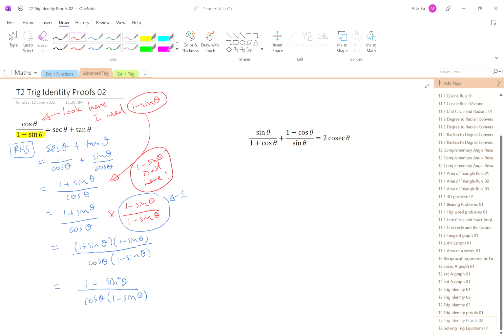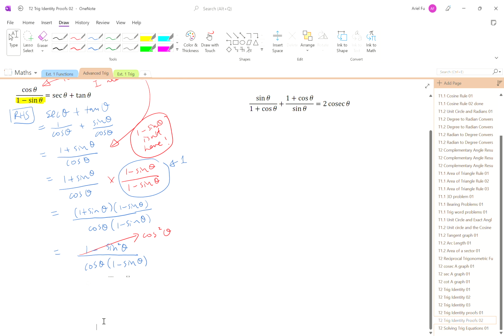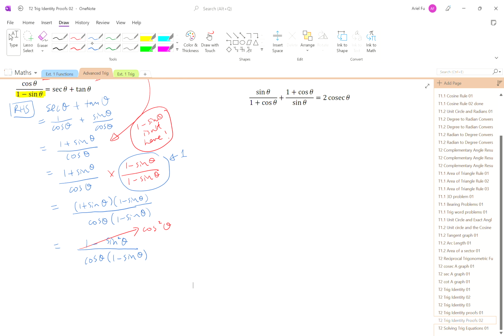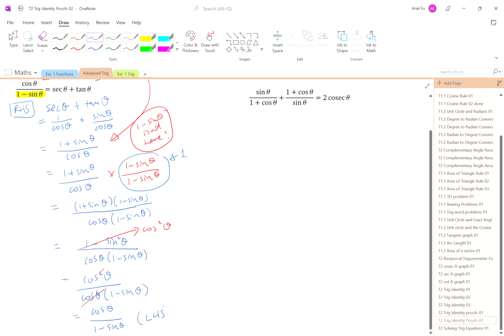And what is 1 minus sine squared theta? Well, it is cosine squared theta, which means the right-hand side becomes cosine squared theta over cosine theta times 1 minus sine theta. The square and the cosine will cancel out, and you end up with cosine theta all over 1 minus sine theta, which is the left-hand side.